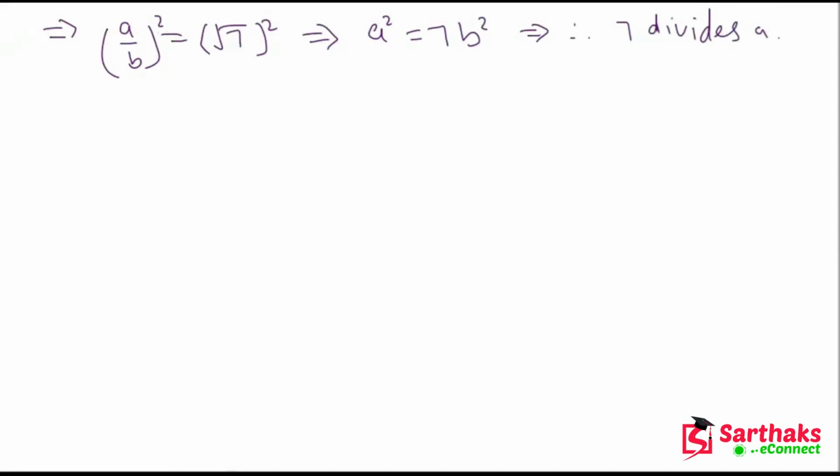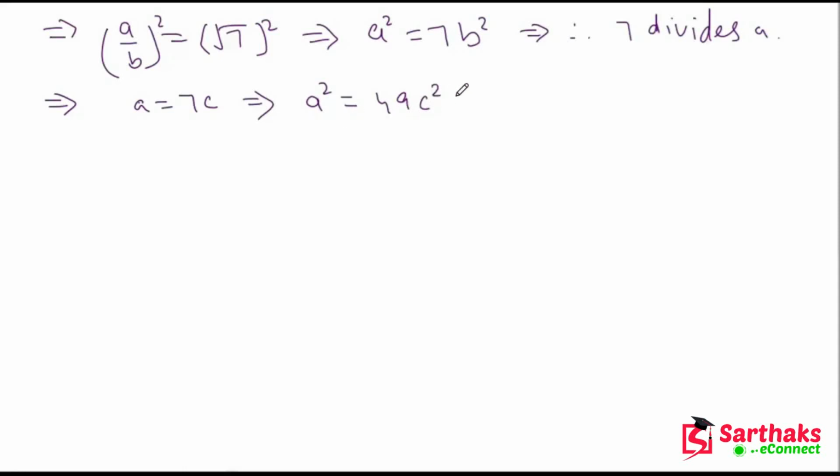Then there exists a number c such that a equals 7c. Now we square both sides, so we get a square equals 49c square.